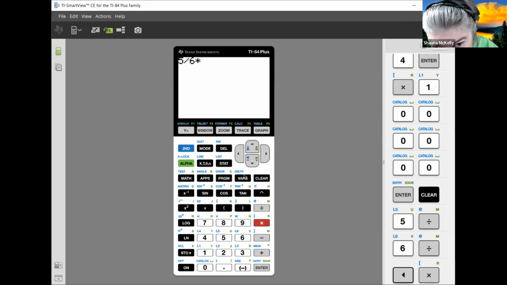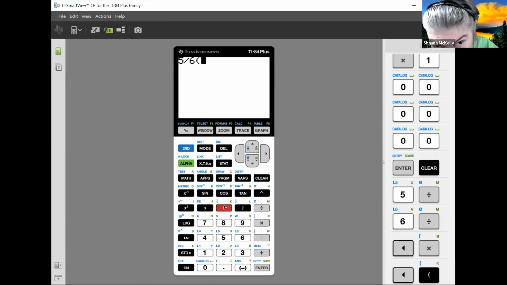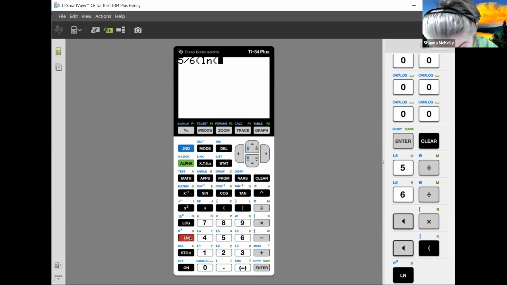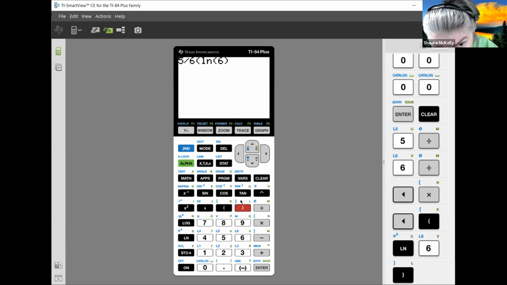So I can either do the times sign, or I can do the parenthesis. Parenthesis is probably easier. ln natural log 6, and I'm going to close it twice, once for the argument of ln and once for the natural log itself.